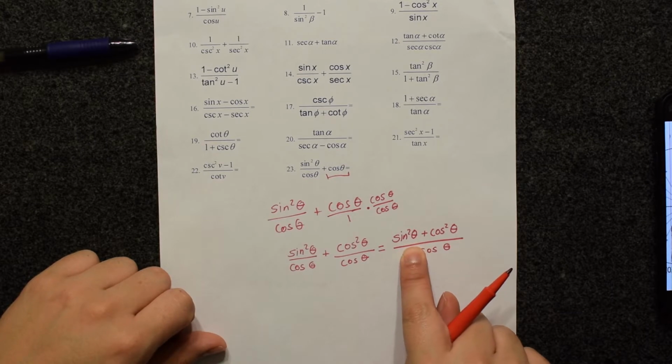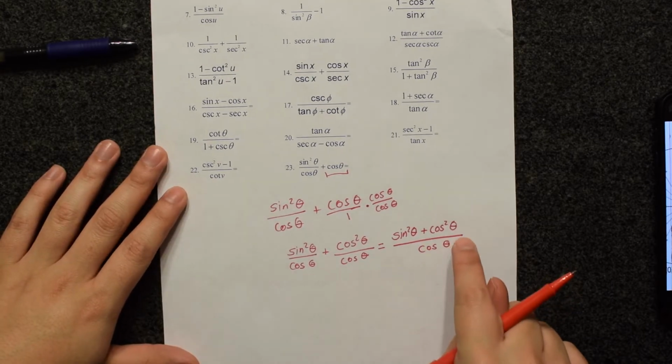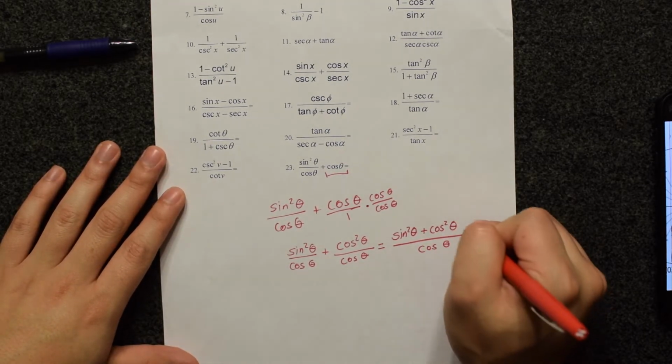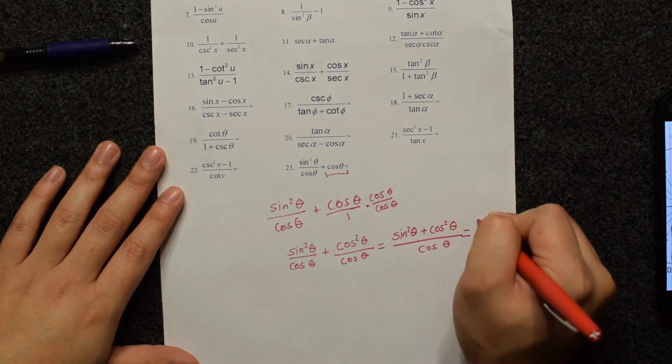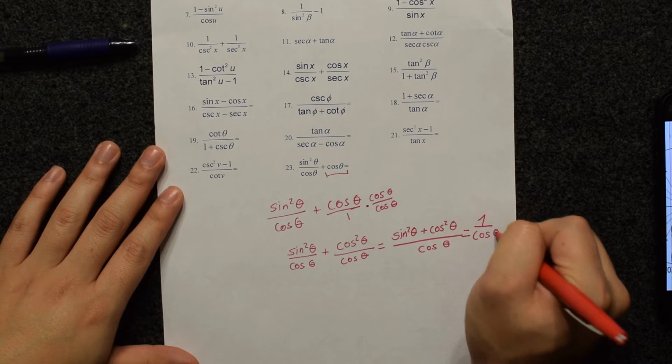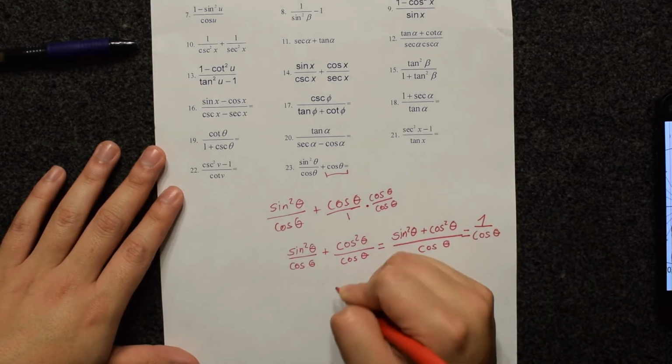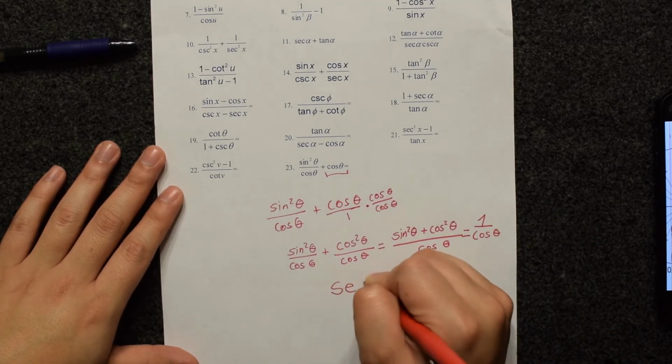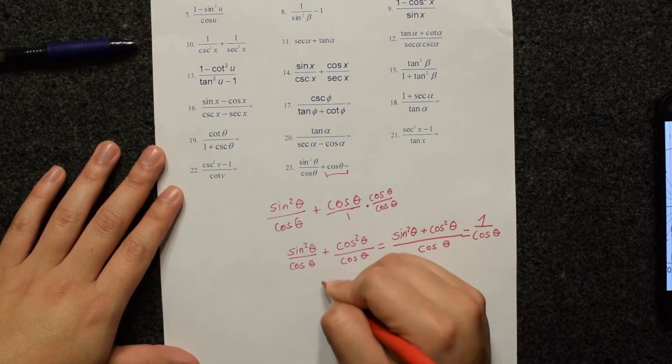That's an identity. In fact, that's the Pythagorean identity. This is simply equal to 1 over cosine theta. And what is 1 over cosine? That's just secant theta.